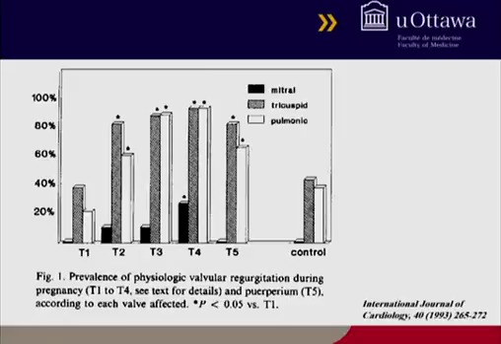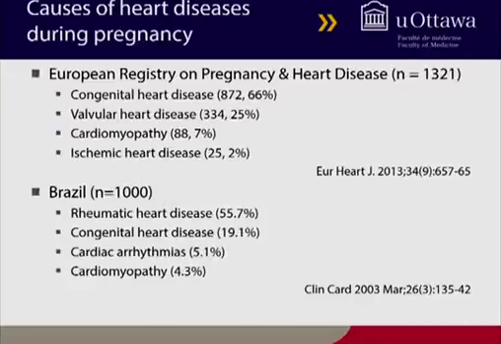My glasses are not quite reading it. And then you see the pulmonic, and so this is normal that you would see during pregnancy. So we have to bear that in mind when we are managing patients with valvular disease.